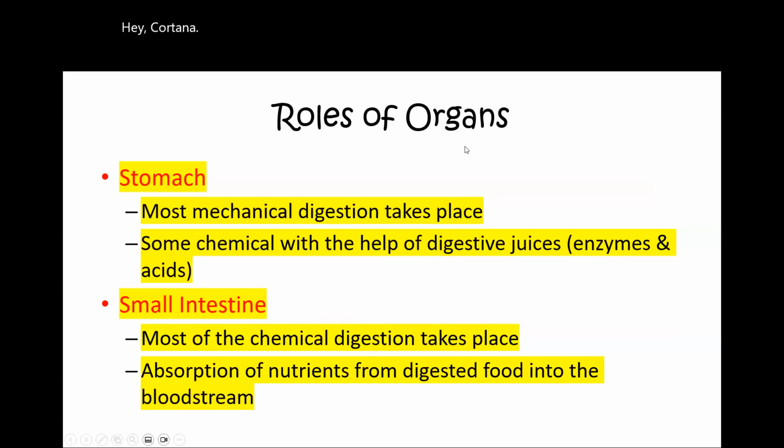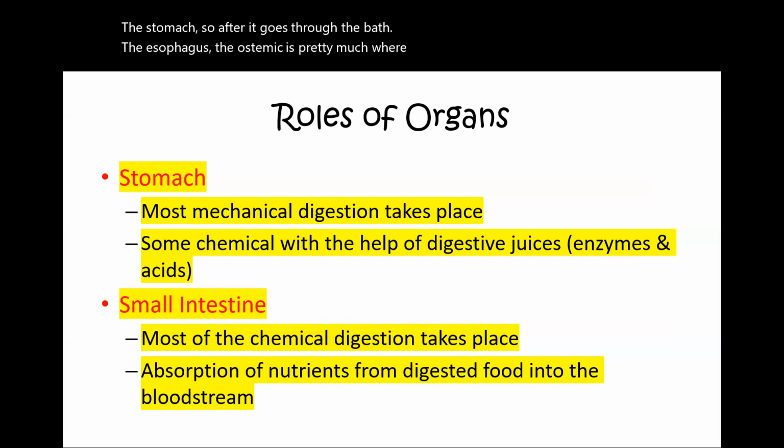The stomach. After the food goes through the mouth and the esophagus, the stomach is where all the food is stored for a short period of time.